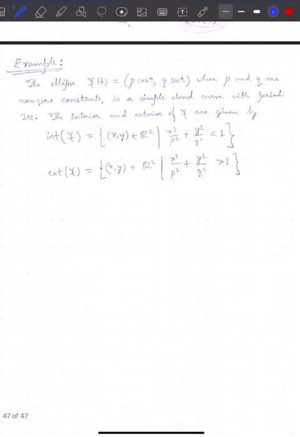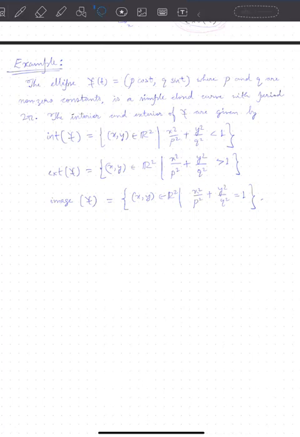And the image of gamma vector, which is all the points that form the curve parameterized by gamma, is all (x, y) in R2 such that x squared by p squared plus y squared by q squared is equal to 1. So this is the region contained within the ellipse, this is the region outside of the ellipse, and this is the set of points on the ellipse.